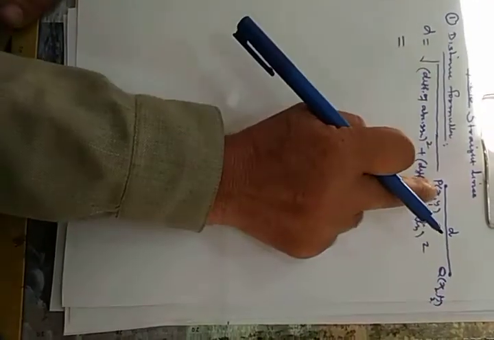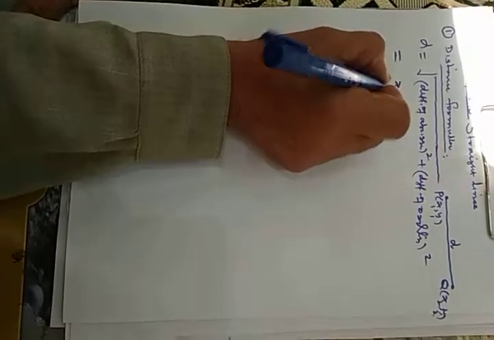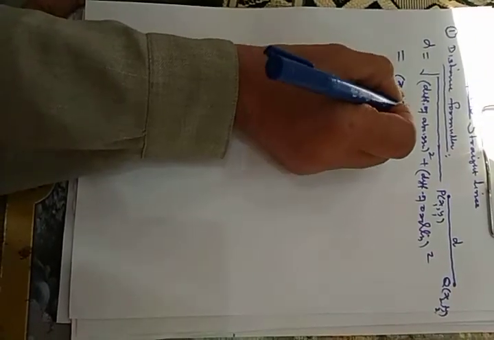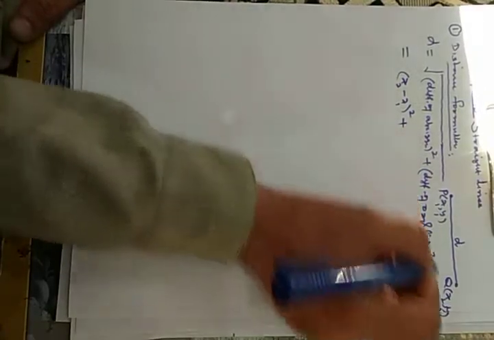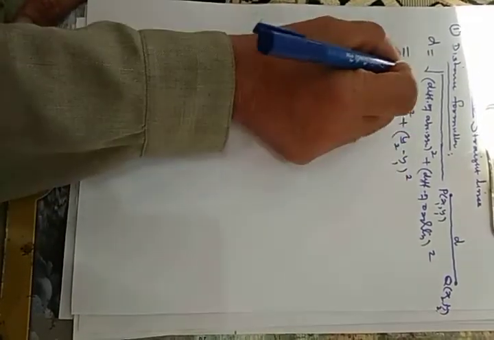Abscissa means x1 and x2, so the difference of abscissae means (x2 minus x1) whole squared, plus the difference of ordinates, (y2 minus y1) whole squared, all under the square root.